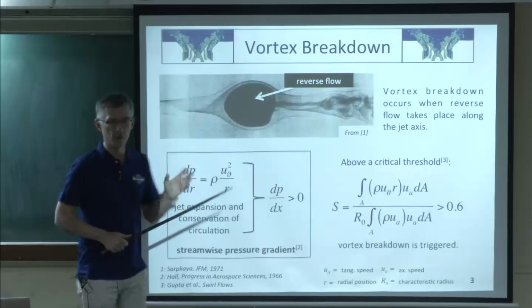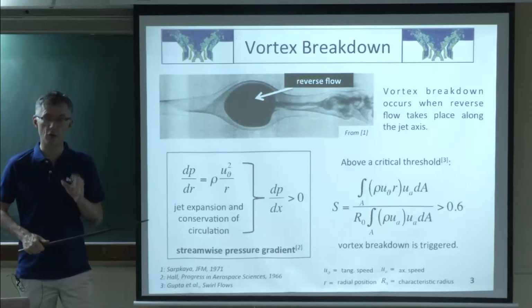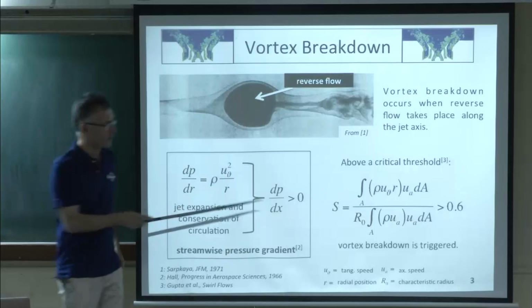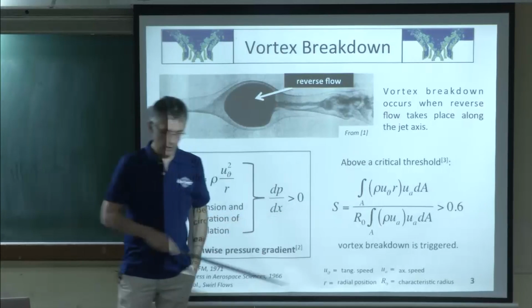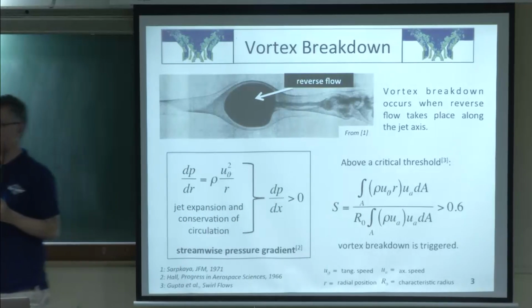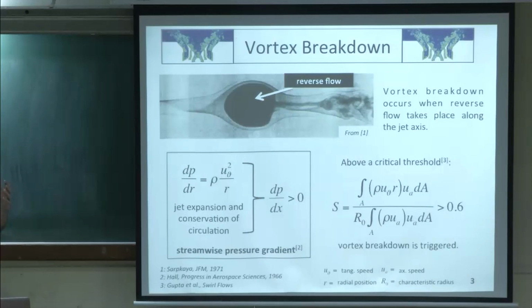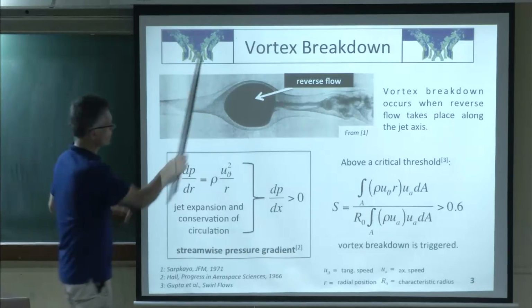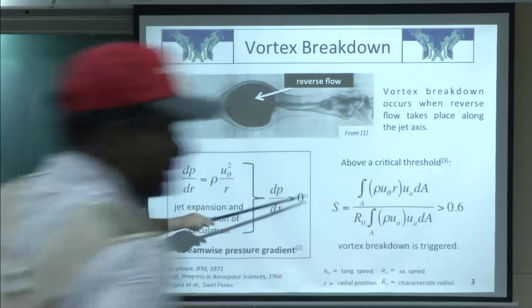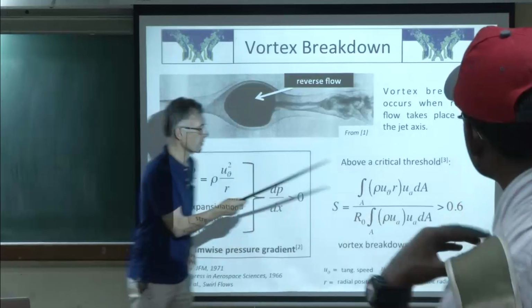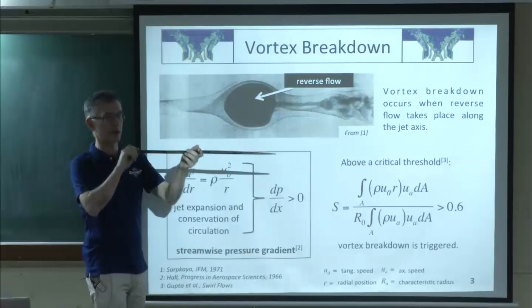The number you use to characterize swirl or swirling flows is what we call the S number, the swirl number. The flow field, of course, is a full 3D field. If you want to characterize it globally, in one section, you basically measure u theta divided by u axial, because it's the rotation divided by the axial velocity.